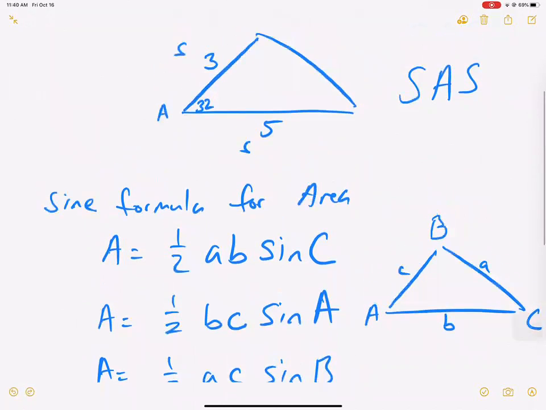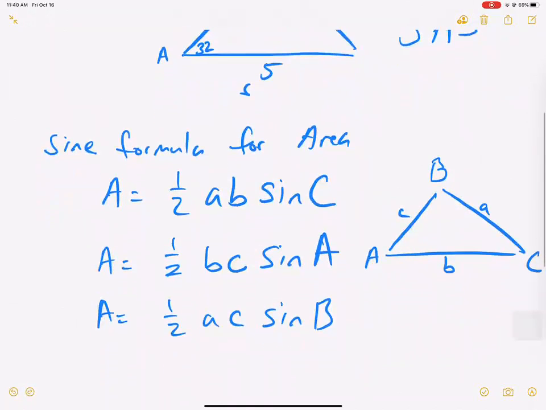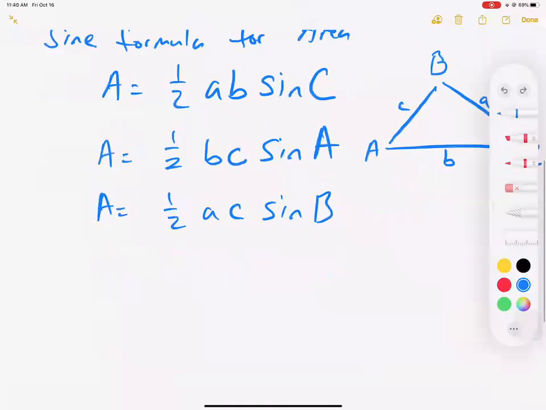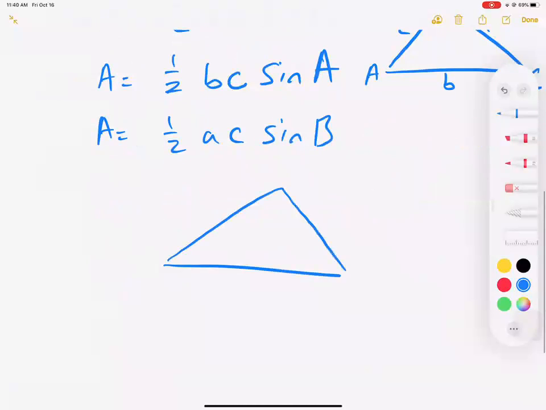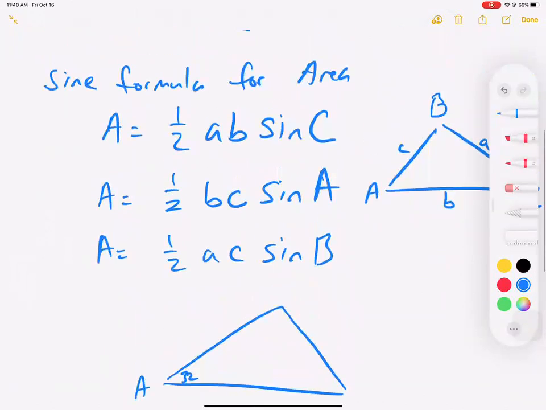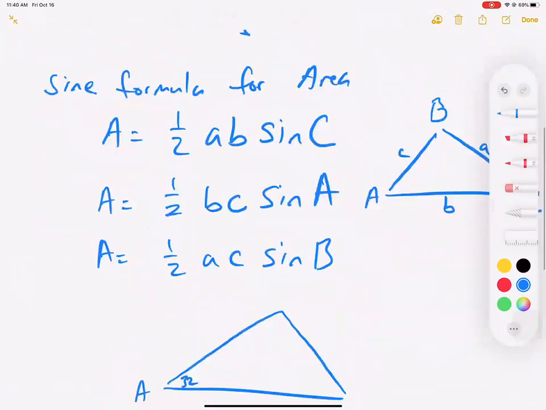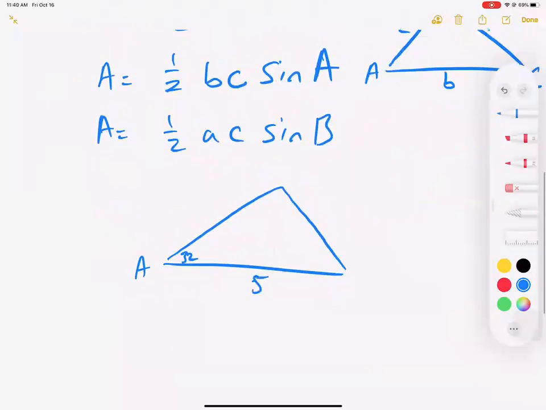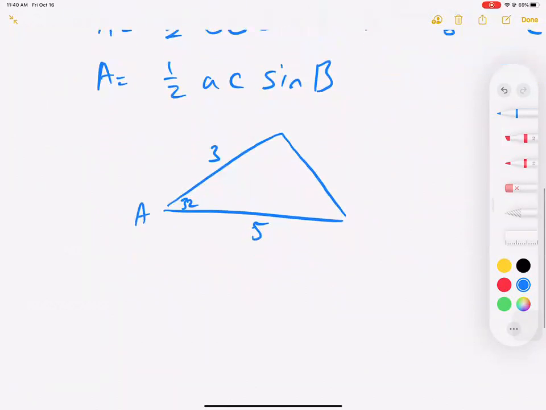So let's go back to our problem before. Let me draw this again. A, which was 32. And then we called it what? 5 and 3. So how would I use this area formula for this problem? We just say A is equal to, we write the sides, we'll call this B. No, let's call it the other way.